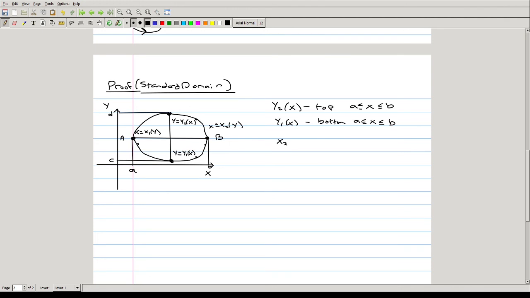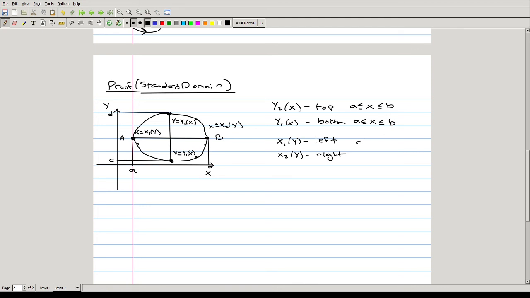So x1 of y is the left boundary function, and x2 of y is the right boundary function.